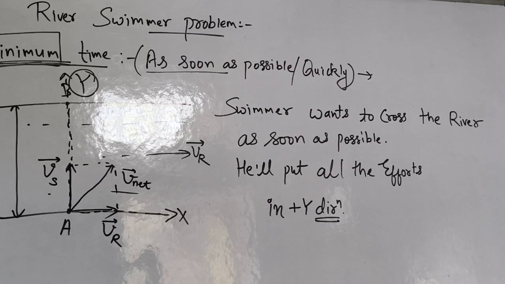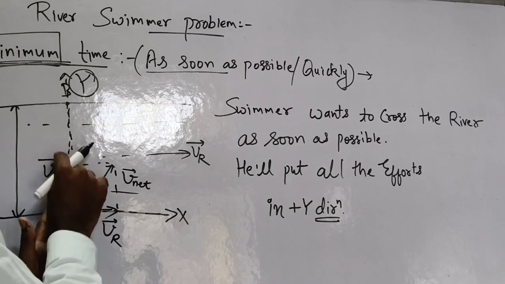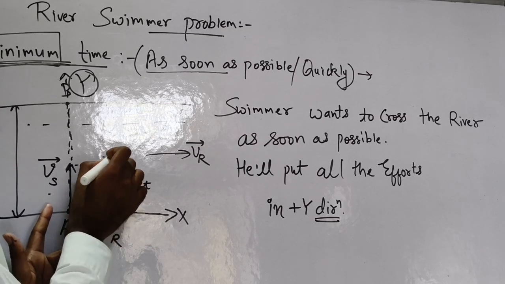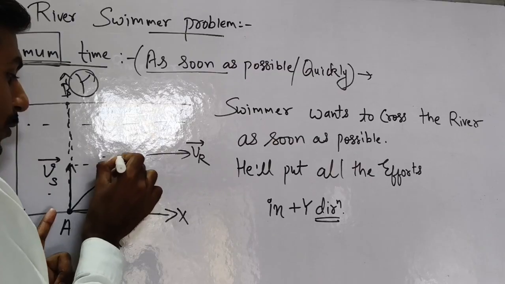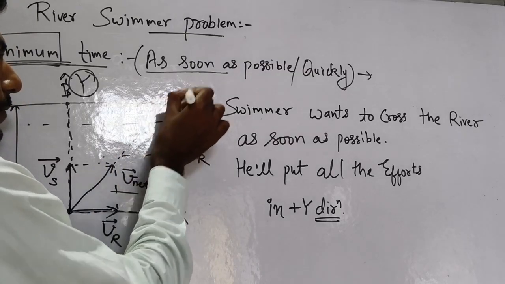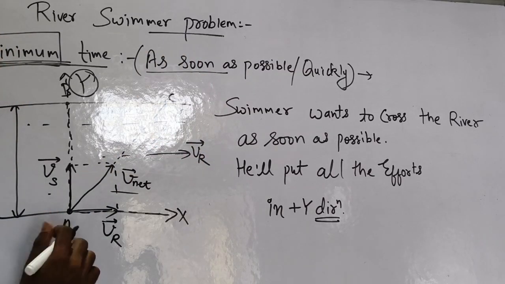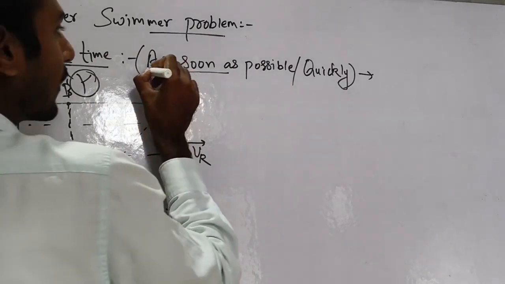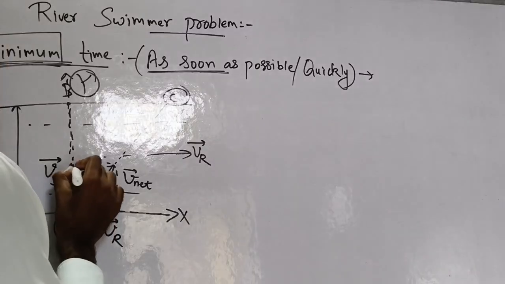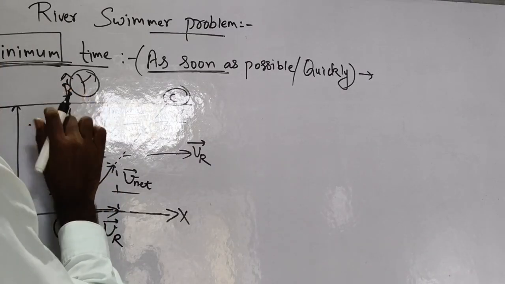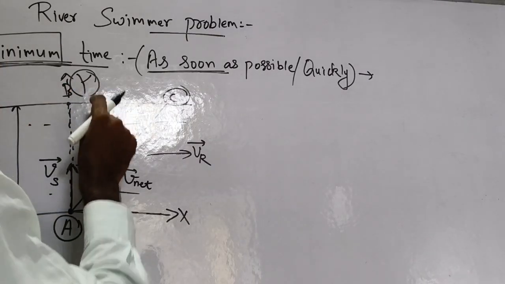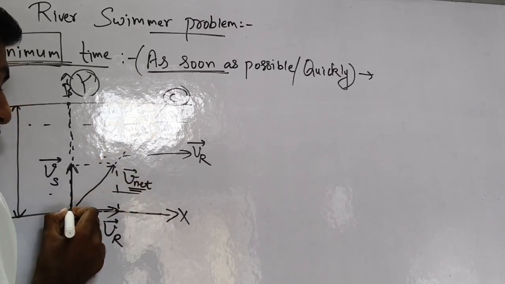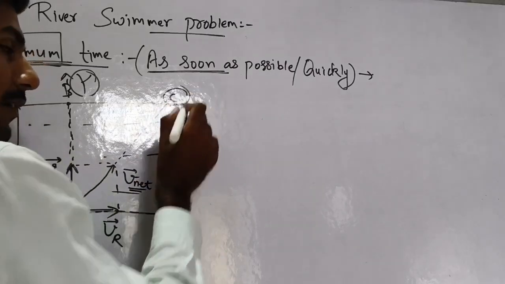The swimmer puts all the efforts in this y direction, but because of river flow, this is the net velocity of the swimmer. So the swimmer goes from A to C.